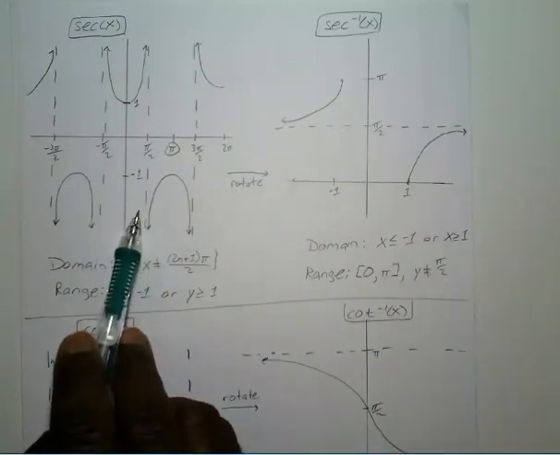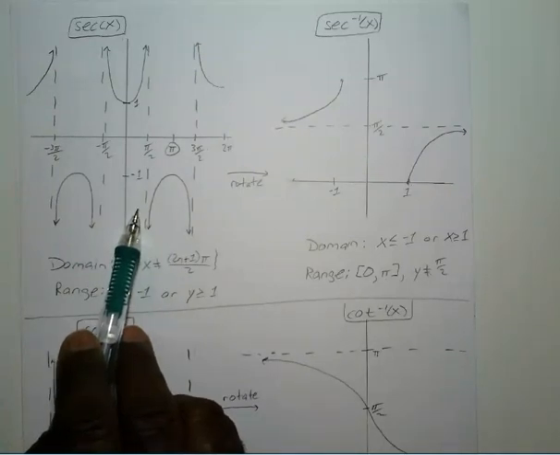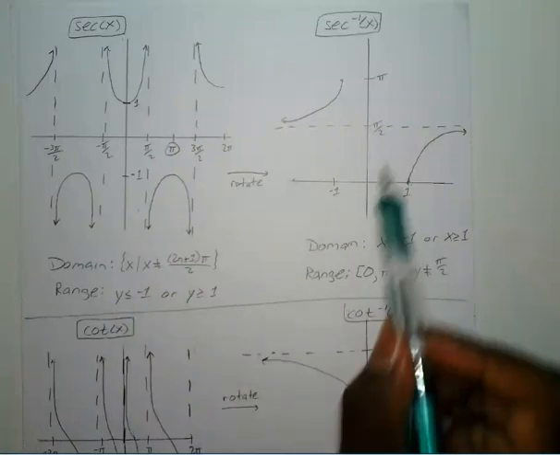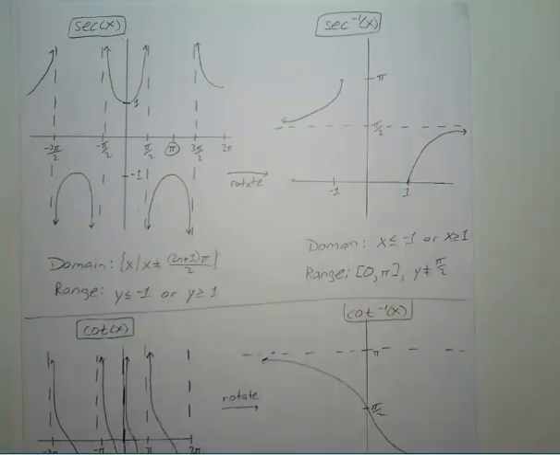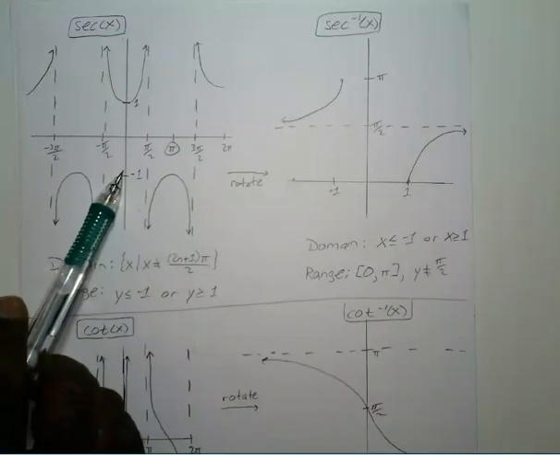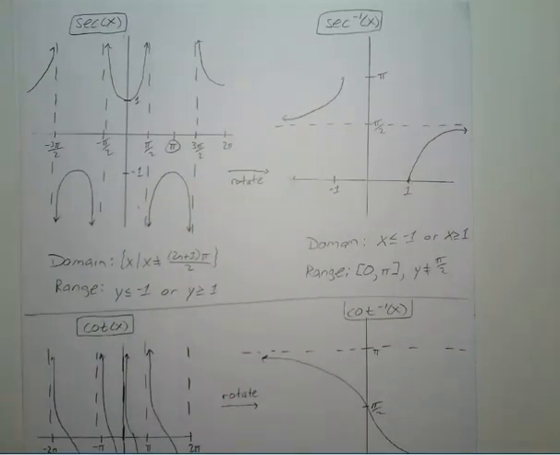Remember, that's one of our vertical asymptotes here. So once we rotate it for our inverse function, it becomes a horizontal asymptote. So we still can have y equal pi over 2 in this case, where in our secant we couldn't have x equal pi over 2.